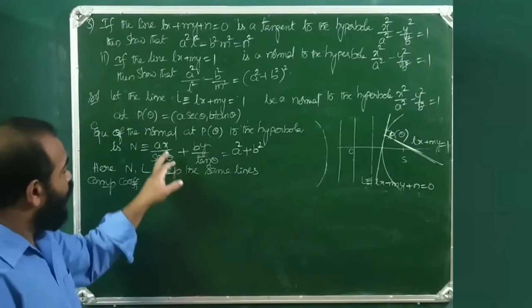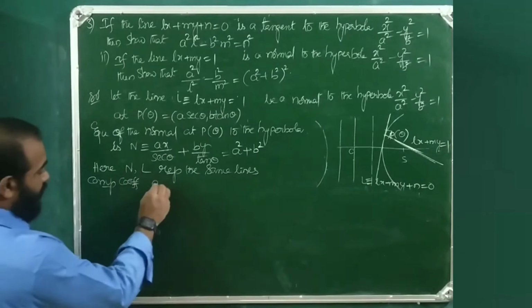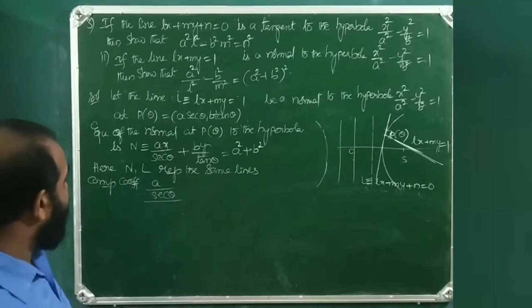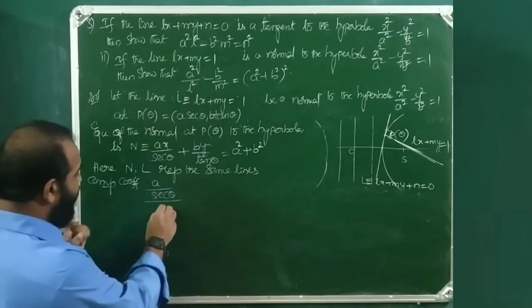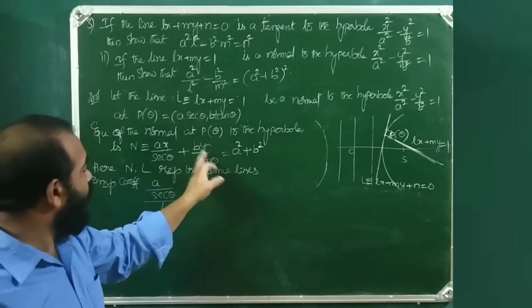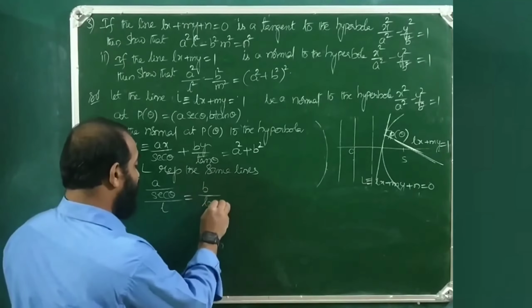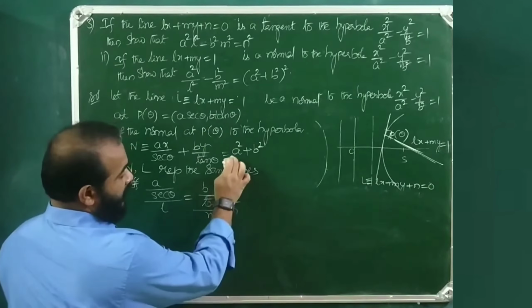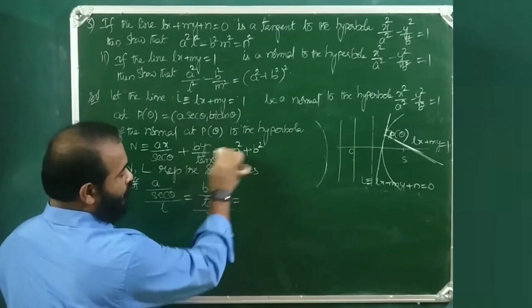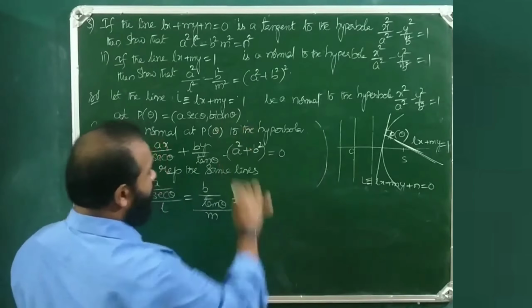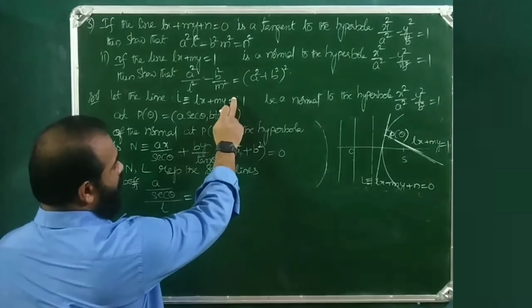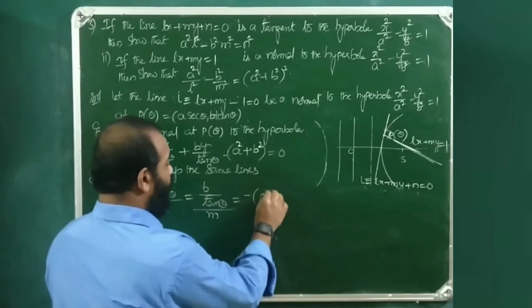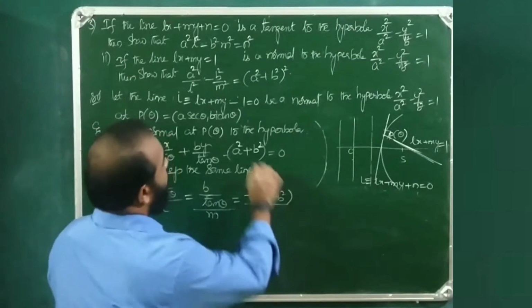Here the coefficient of x is a by secant theta over L, equal to the coefficient of y, b by tan theta over m, equal to a square plus b square; on transposing, minus of a square plus b square equals 0 and this equals 1, on transposing minus 1 equals 0. So this is minus of a square plus b square by minus 1.